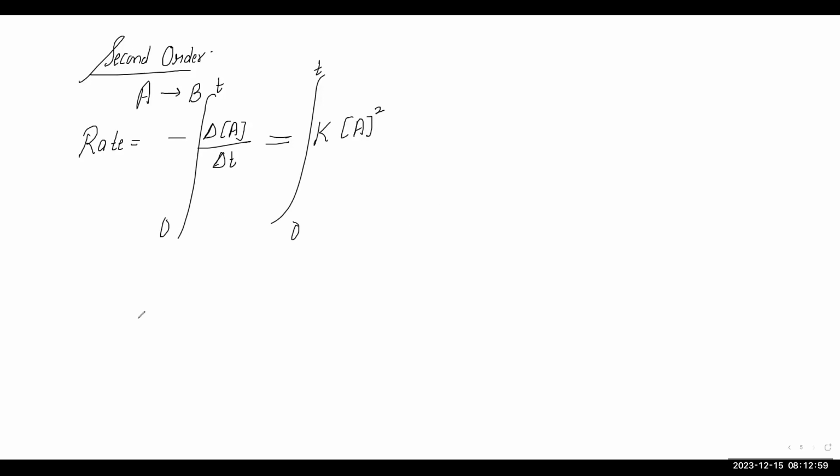Then you get the integrated rate law: 1 over A t, where t means time, the concentration of A at any time during the experiment, minus 1 over A naught is k times t.